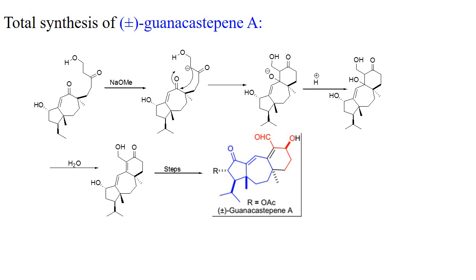So this intermediate is obtained, which after passing through various steps gives us a racemic mixture of guanacastepene A, which is an important organic compound. I hope you have understood the applications of the Robinson annulation reaction.